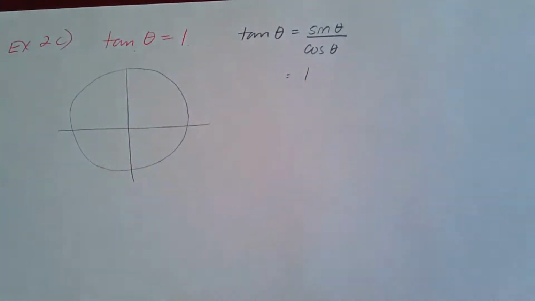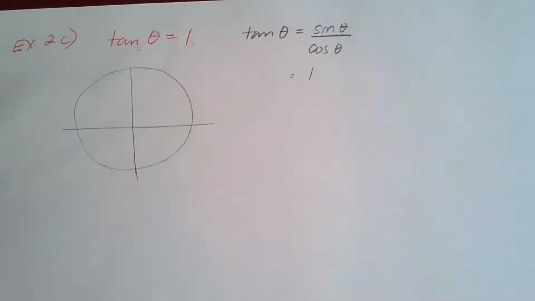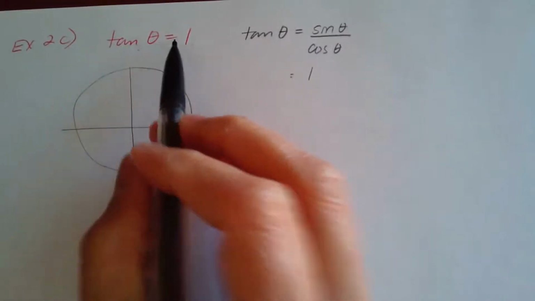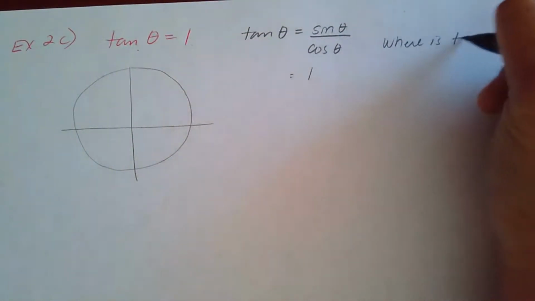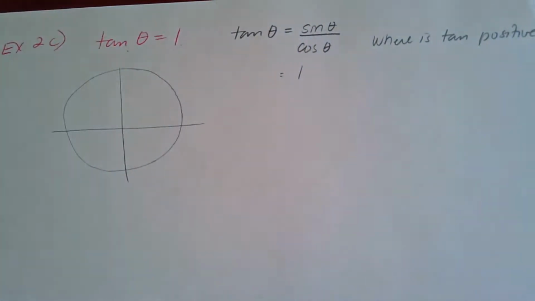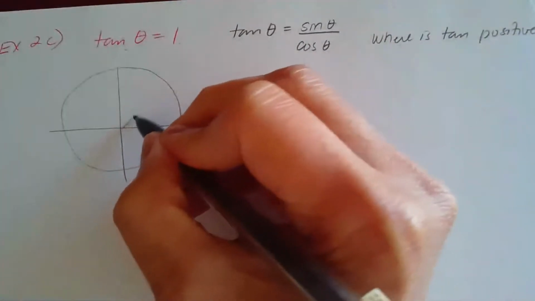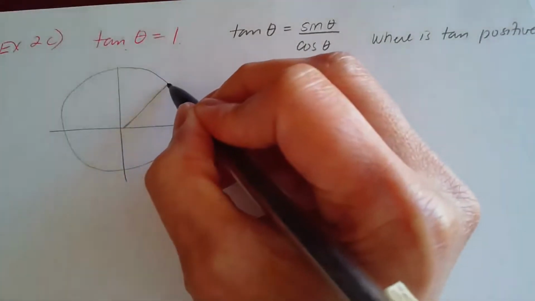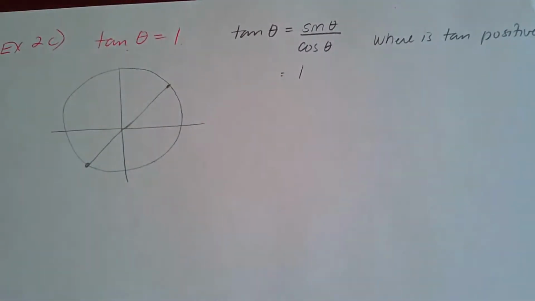Where are sine theta and cos theta equal to each other? We could also ask ourselves, where is tan positive? Tan is positive in quadrants 1 and 3.